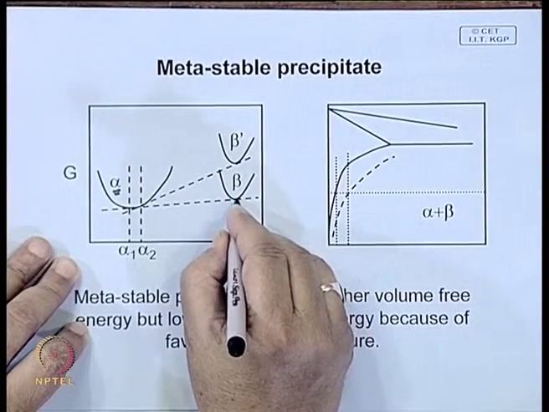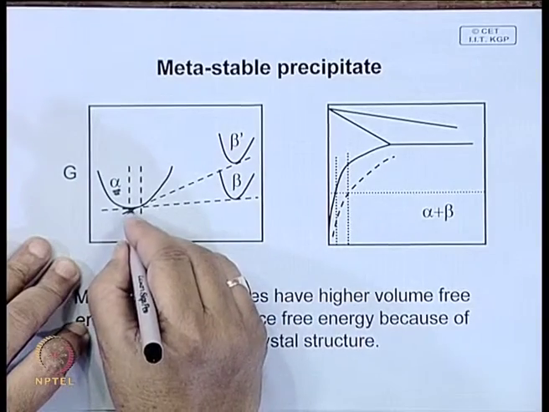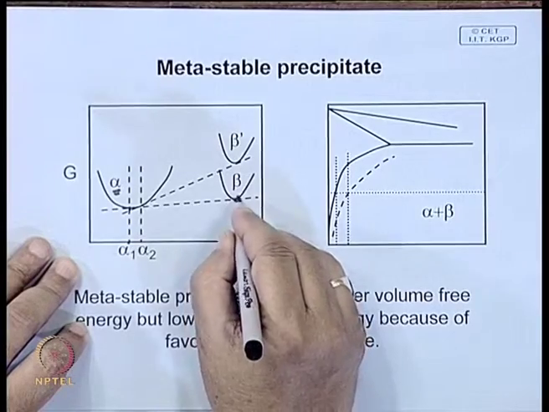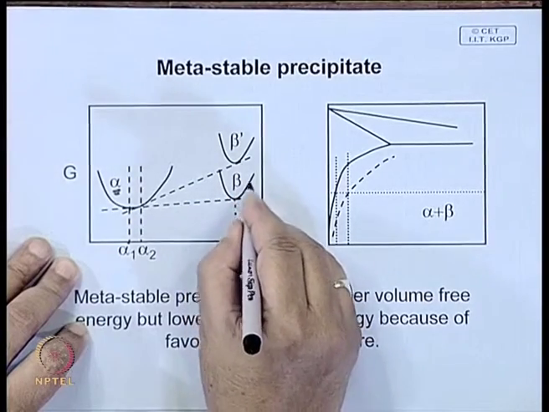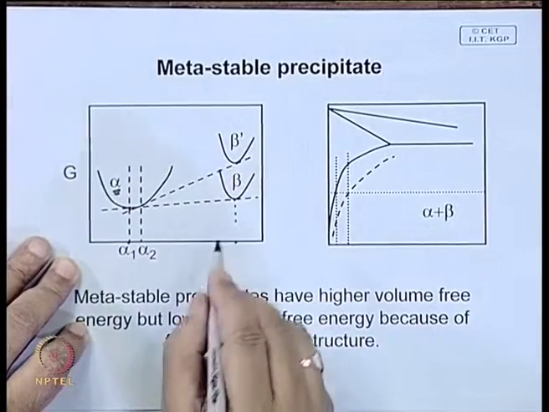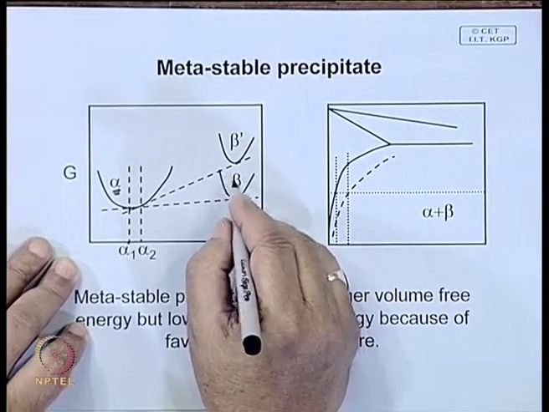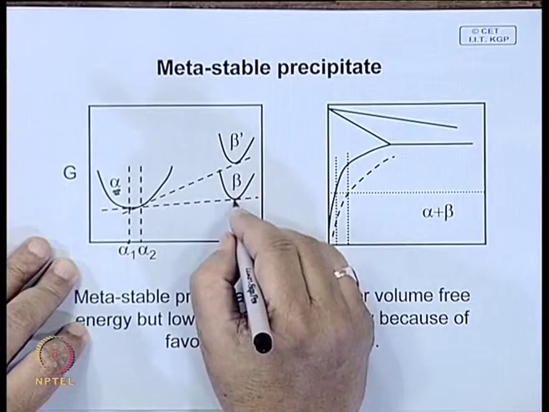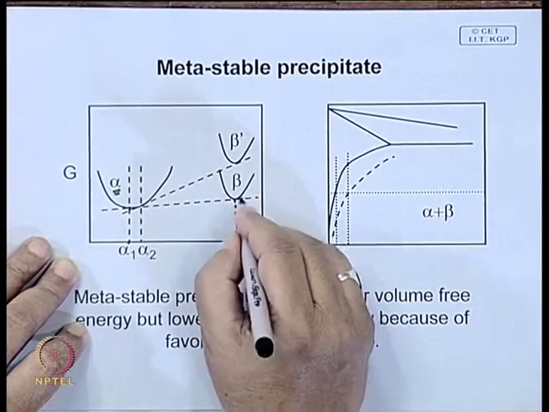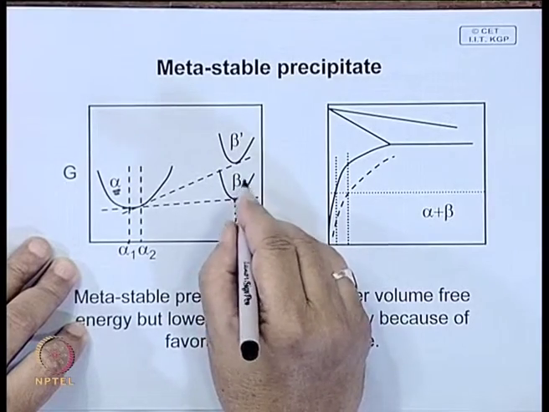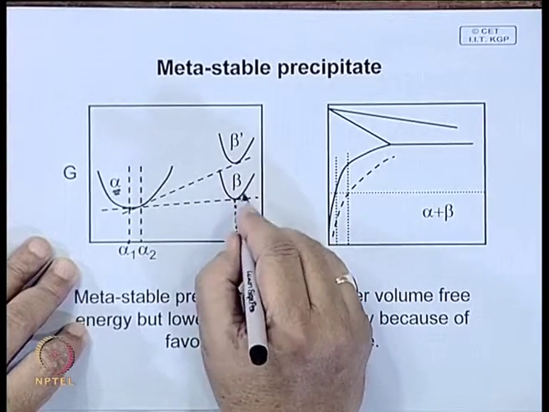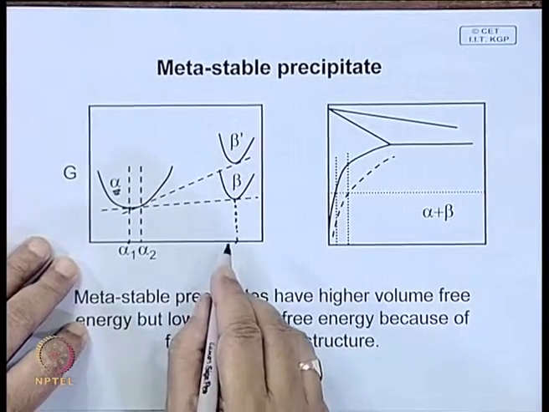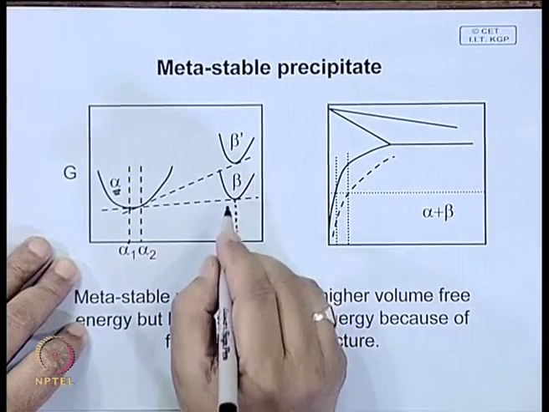And we know that under equilibrium, the composition alpha 1 will be in equilibrium with beta, but this has a high surface energy. So, therefore, kinetically you need to provide some amount of activation, otherwise this process is difficult. It is not kinetically favorable. You have to give some amount of undercooling or some amount of supersaturation, only then can precipitation take place.